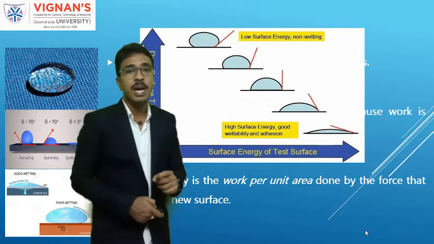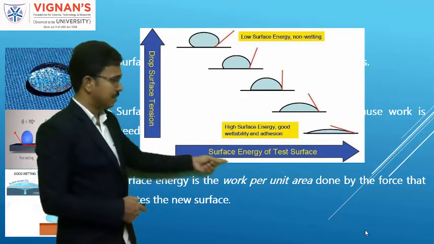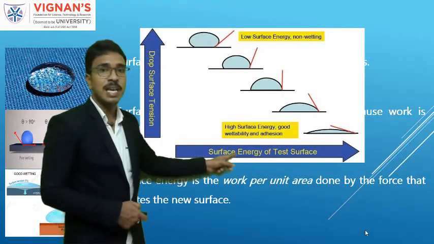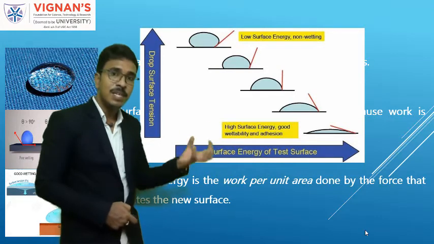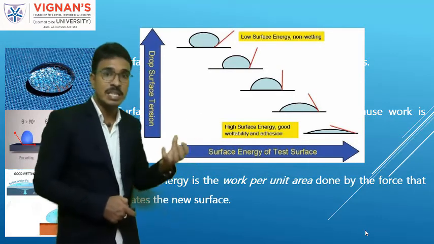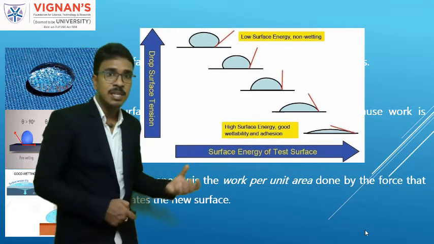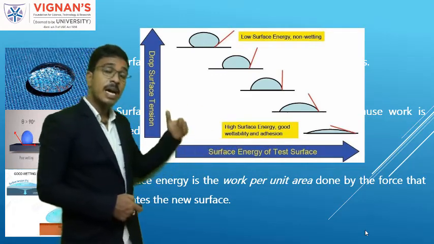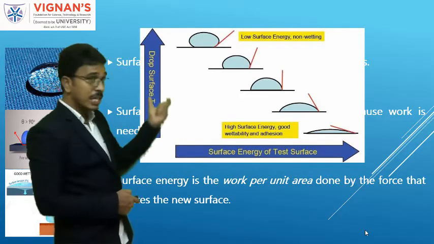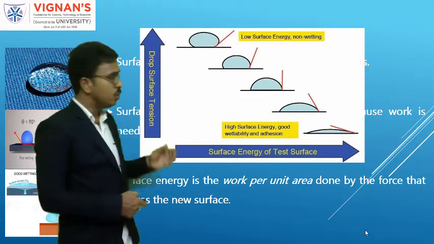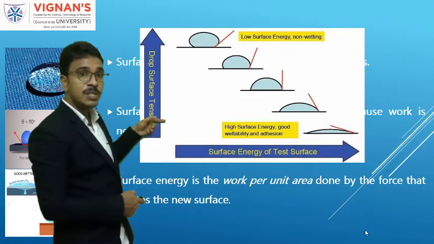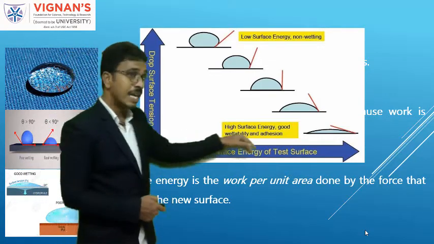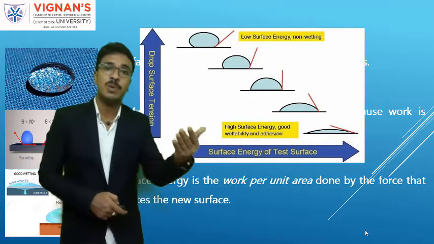When it comes to the wetting surfaces, here you can see how a wetting surface is characterized. If a surface is absorbing the water droplets, in the sense that the surface energy of the solid is higher than the surface tension of the droplet. Here the surface tension of the droplet is less, whereas the surface energy of the solid surface is more.